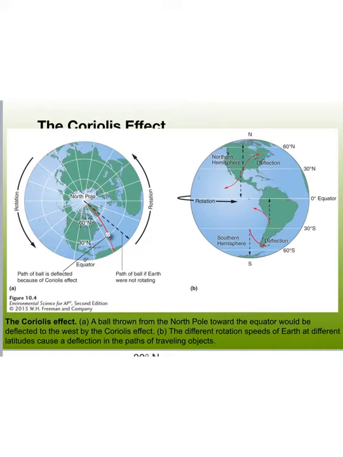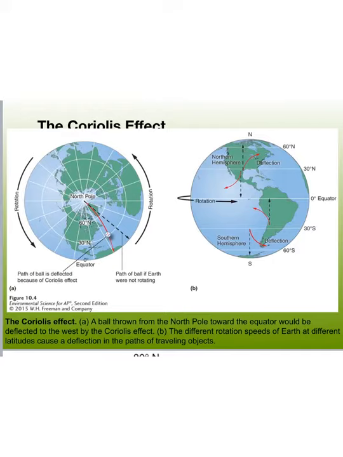All right, so now imagine that this is at 30 degrees north and 30 degrees south latitude. So you're standing somewhere on the Florida-Georgia border, or the Mexican-American border. All right, that's where you're standing. And now you throw a ball. You're going to throw it again towards the equator.